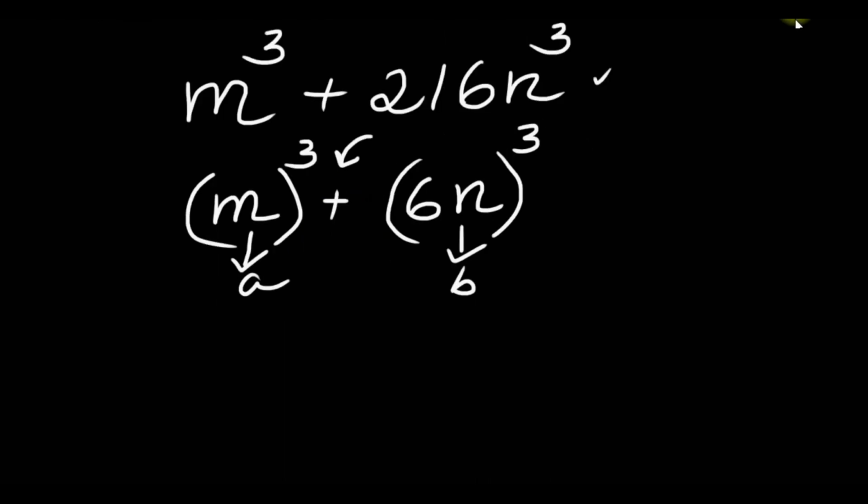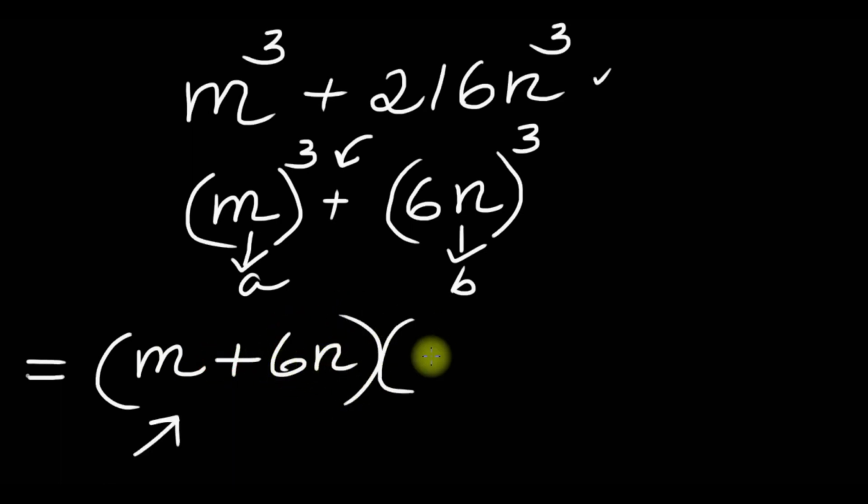Okay, so yes, these are cubes, and it's the sum of cubes. So now that you have your A and you have your B, you can just plug those into the given formula. So the first one is going to be A plus B, so that's going to be plus 6n. And then A squared, well that's squared, minus A times B. So A times B is going to be times 6n.